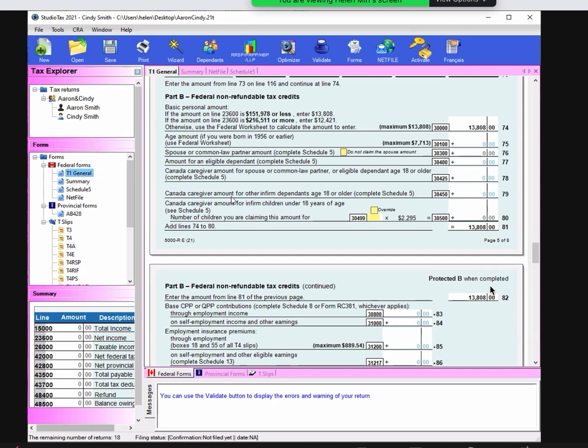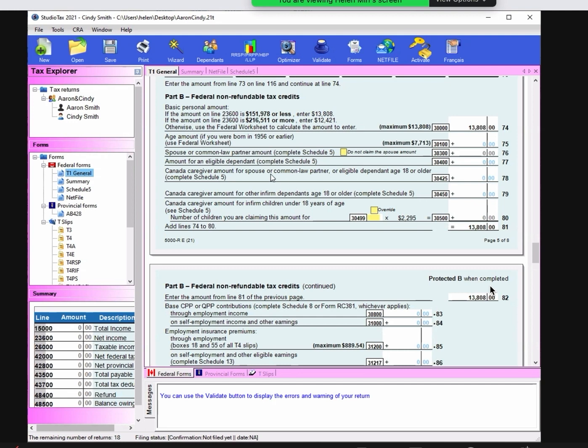If my mother's net income is over 13,000, for example 20,000, then she does need to claim my father as a spouse amount. Then if she claims my father as a spouse, I am not able to claim.